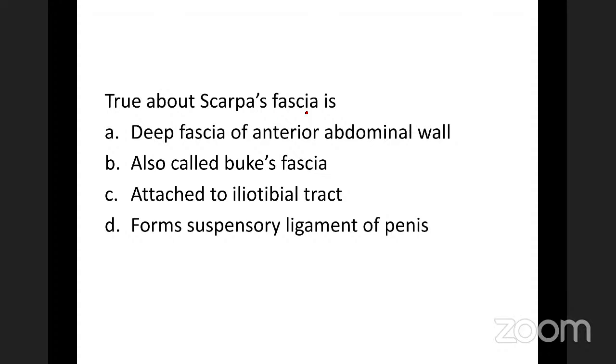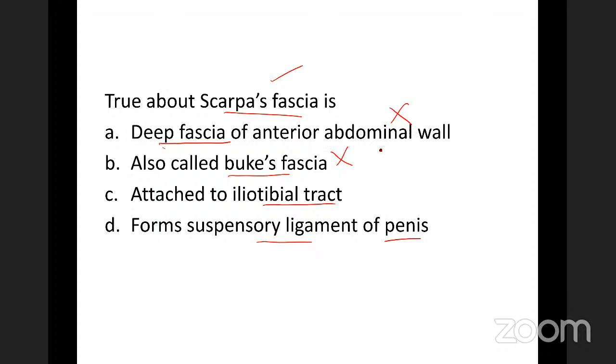True about Scarpa's fascia. It is the deep fascia of the anterior abdominal wall, also called as the Buck's fascia, attached to the iliotibial tract, forms suspensory ligament of penis. Now, Scarpa's fascia, we know that it is a superficial fascia, so it is not the deep fascia. First of all, deep fascia is not present in the anterior abdominal wall. It is called as Buck's fascia? No. What is Buck's fascia?